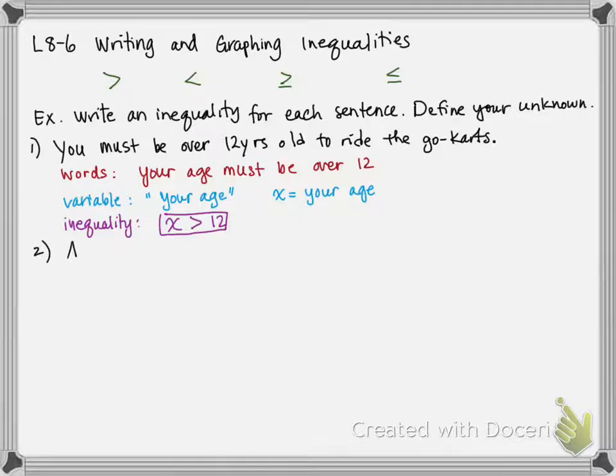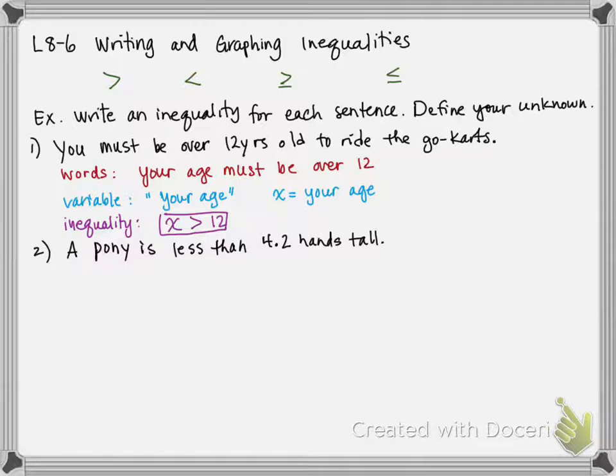A pony is less than 4.2 hands tall. Now, I don't know if any of you are equestrians who ride horses, but for whatever reason, their measurement is hands. Isn't that interesting? So let's see. I'm looking for the words that tell me the inequality.